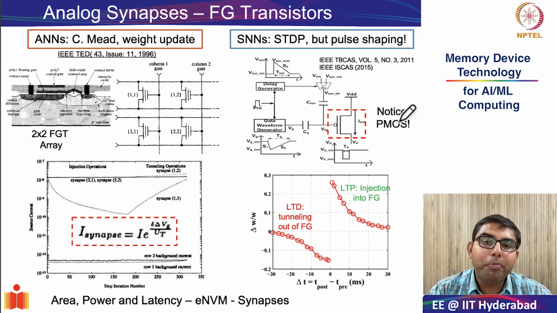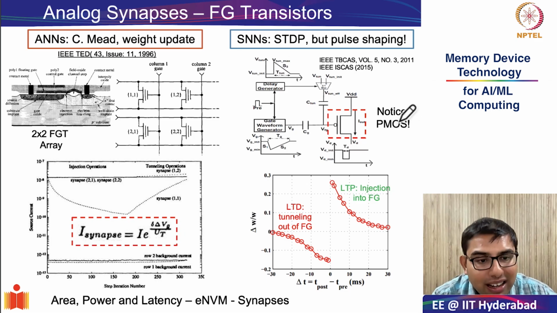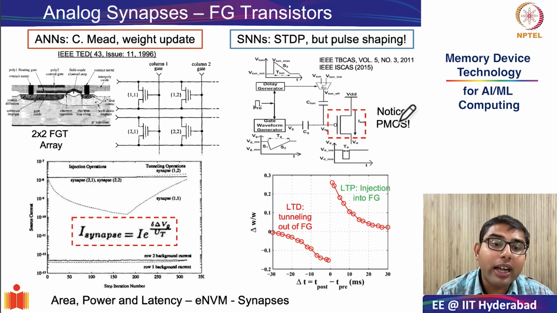And this is the main promise of eNVM based synapses. While floating gate transistors can show both close to linear weight updates and STDP, the promise of eNVMs is better area and power scalability, and of course much lower latency.